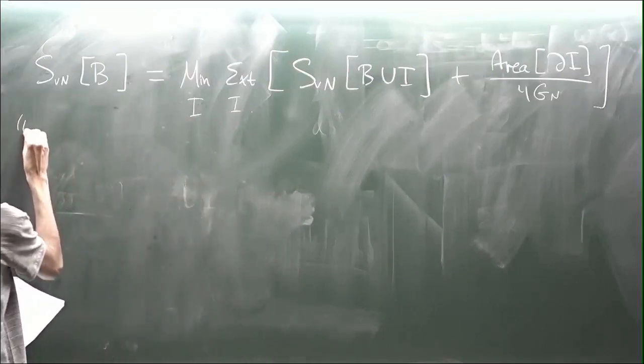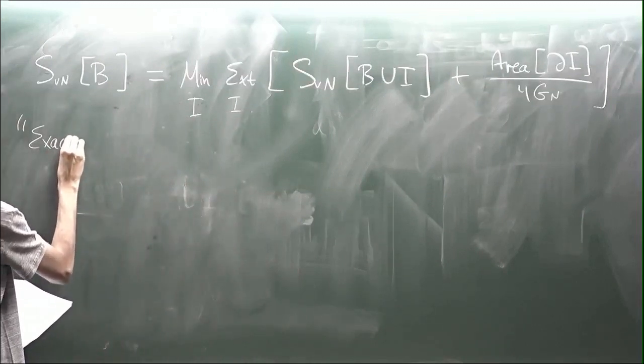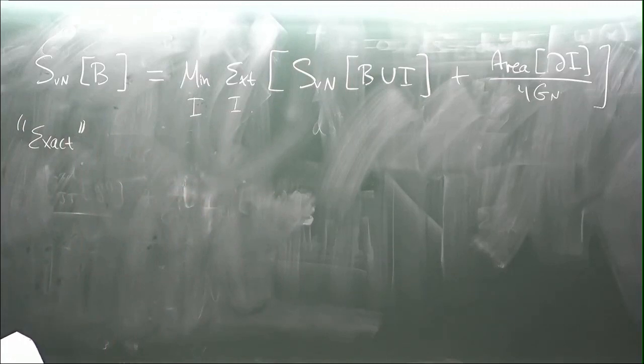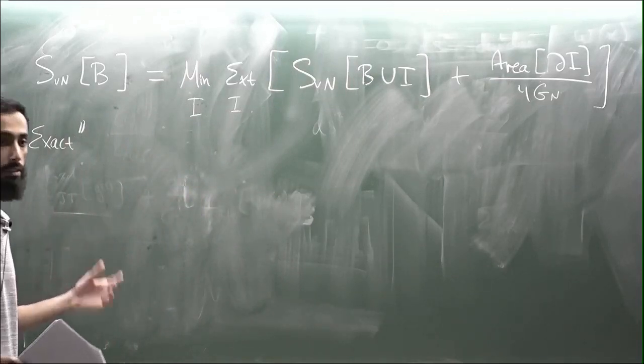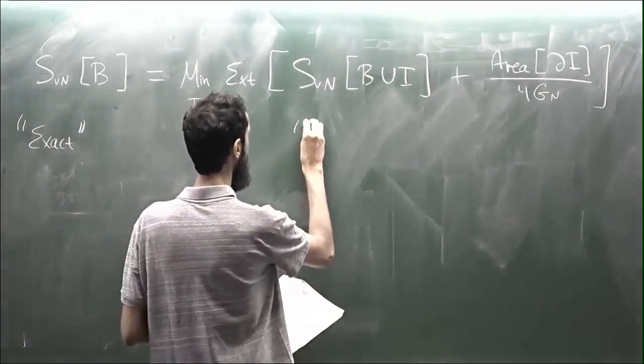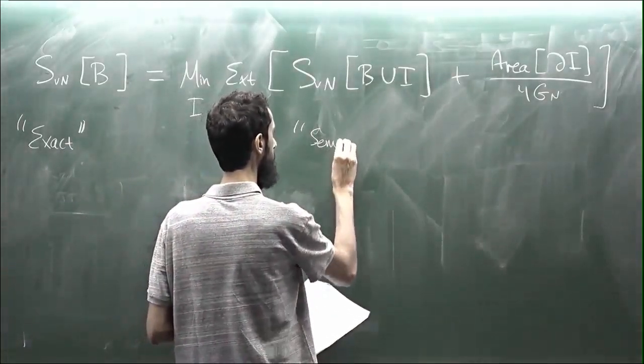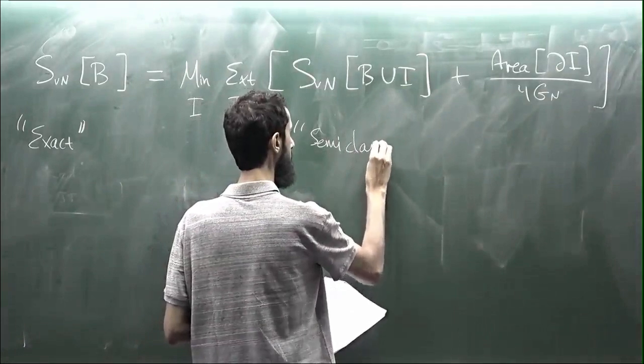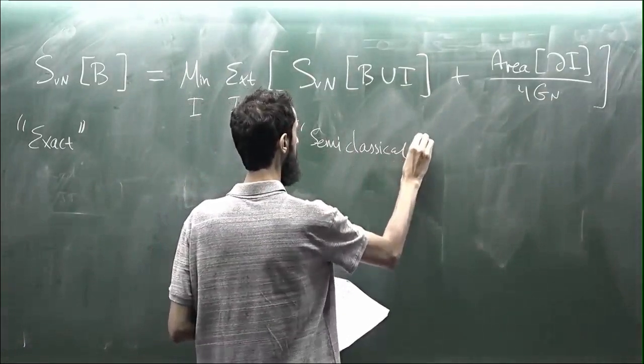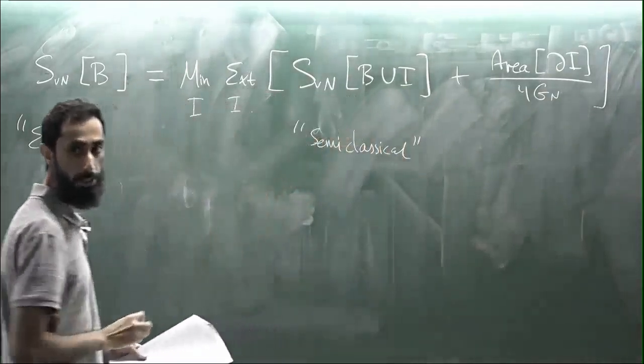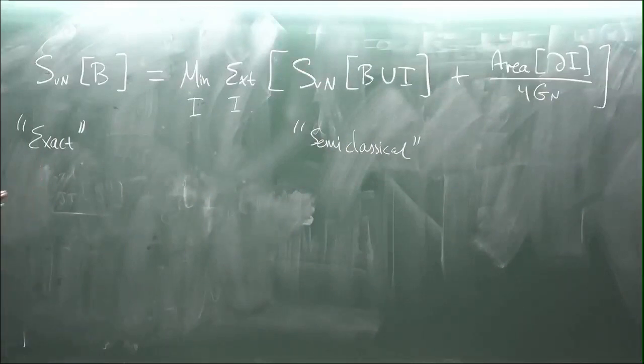This is in some sense an exact answer, but what we seem to be finding is that there's a prescription where we can compute it in the semi-classical approximation. That's what I mean by von Neumann entropy here: you compute this in the semi-classical approximation, assuming that you have the semi-classical state of the quantum fields everywhere here.